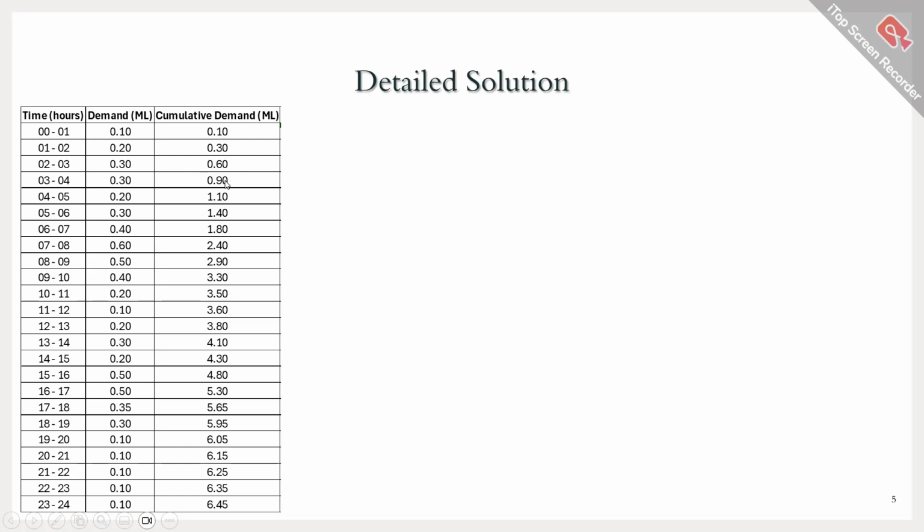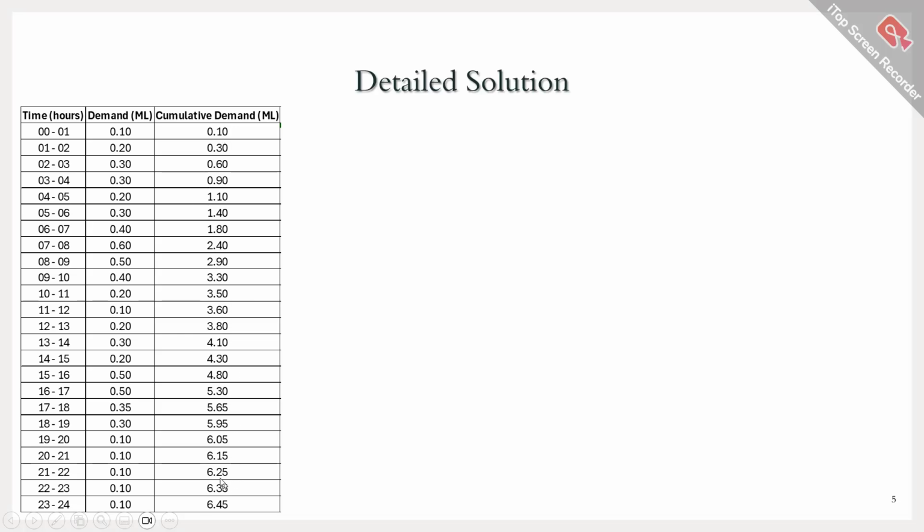Whatever we have accumulated till now, we have to take into account along with the demand of that particular hour to calculate the cumulative demand of that particular hour. So at the fourth hour, the cumulative demand will be 0.6 plus 0.3 equals 0.9. In this way, 0.9 plus 0.2 equals 1.1. That will be the cumulative demand of the fifth hour, and so on and so forth.